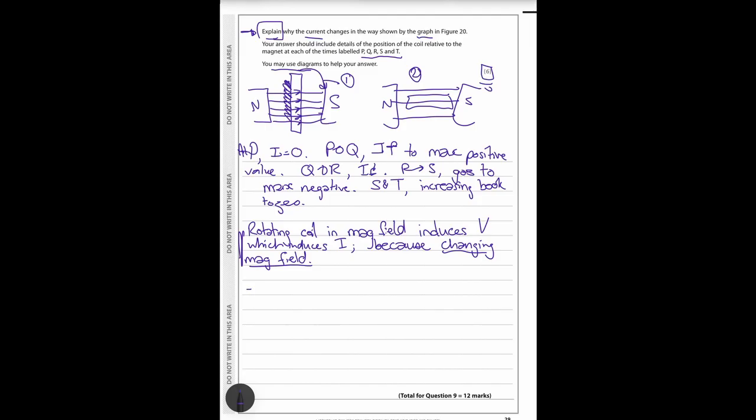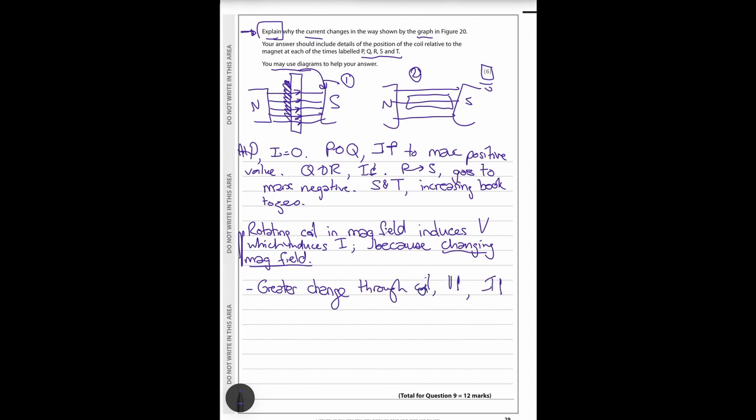So because I know changing my magnetic field is going to induce a voltage, I'm going to say a greater change must mean more. A greater change through the coil will mean a greater V, which will mean a greater I. And again, I'm abbreviating, you'd write it out in full.